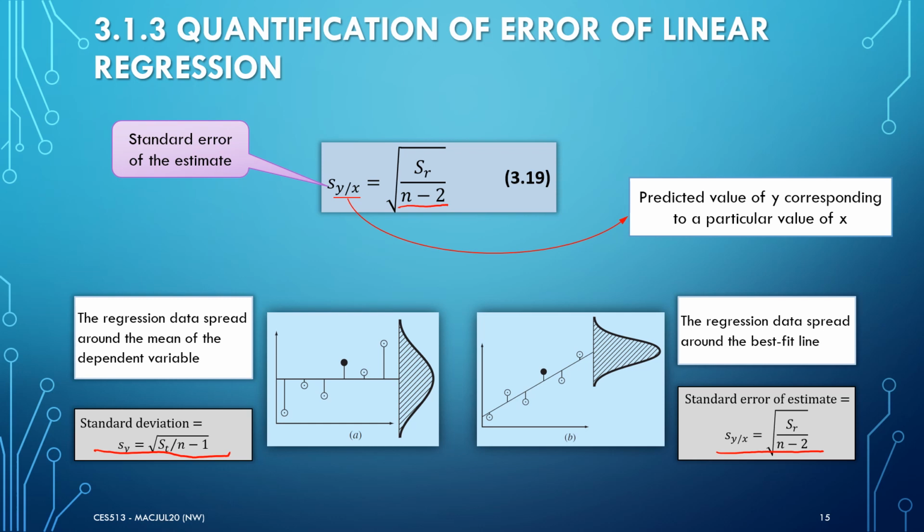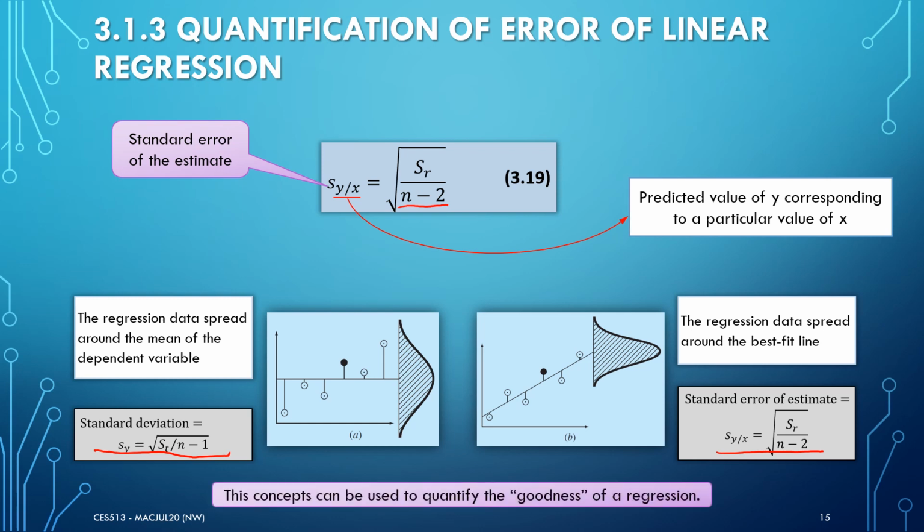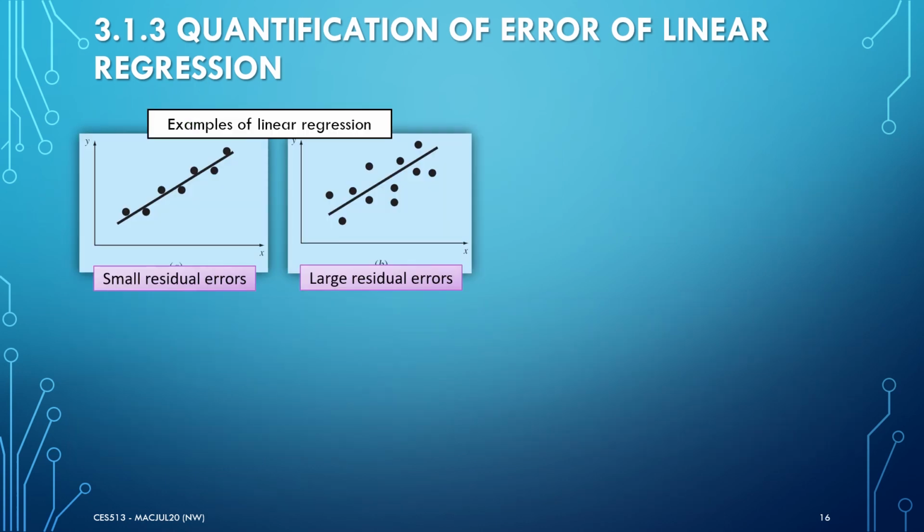The above concepts can be used to quantify the goodness of our fit. This is particularly useful for comparison of several regressions as shown in the figure. These are the examples of linear regressions which have small residual errors and large residual errors.